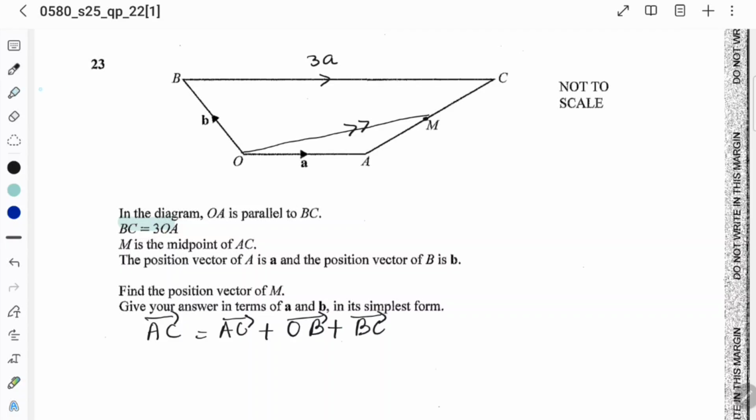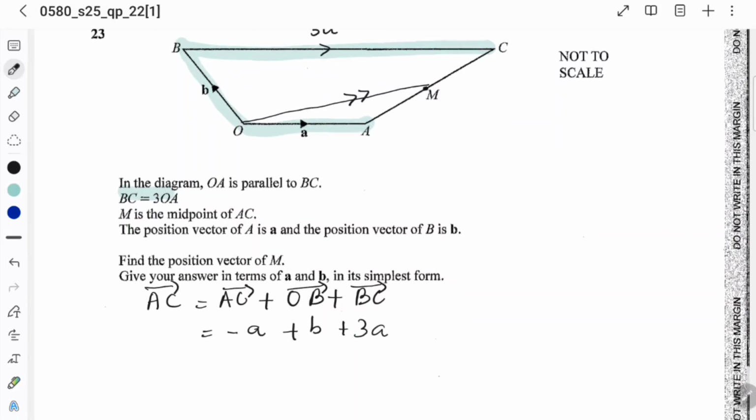AO plus OB plus BC will reach point C. For AO you write minus a because it's in the opposite direction, plus b plus 3a, and it will become 2a plus b, because minus a and 3a is 2a. So this is 2a plus b, and AM is half of AC.